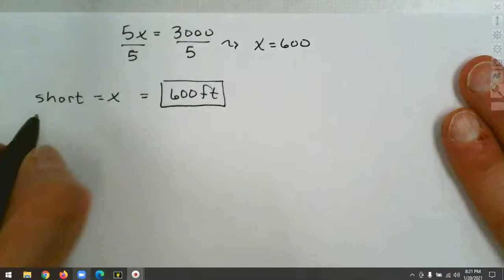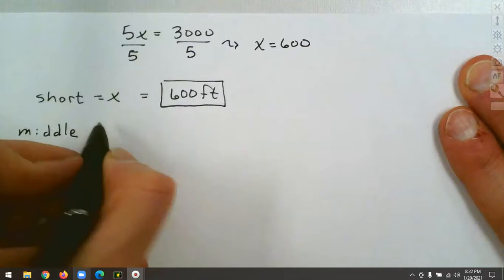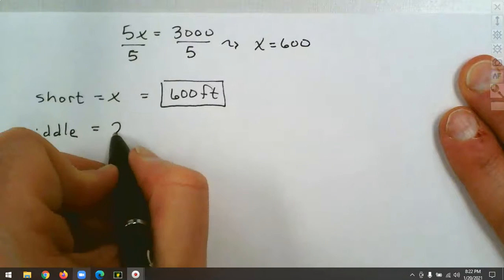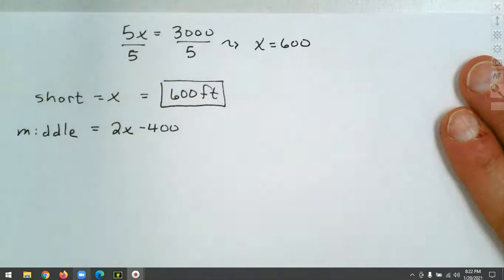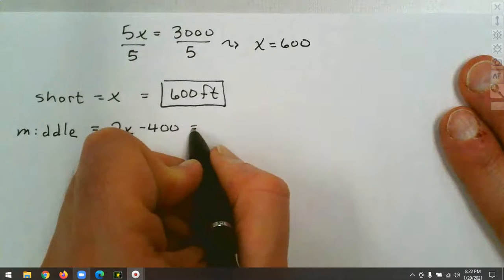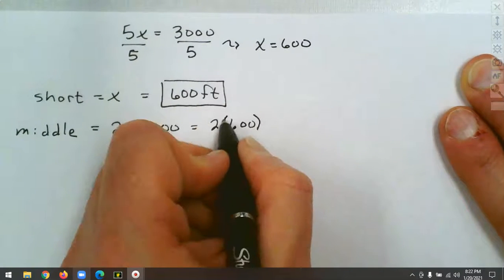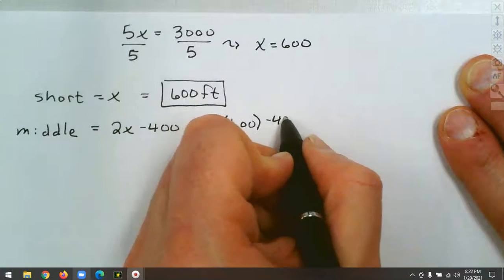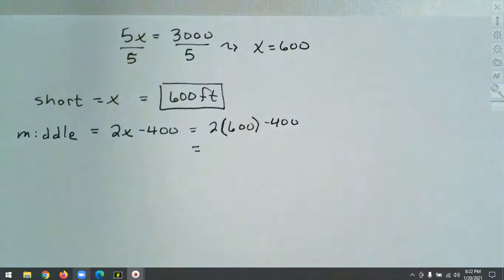Then we've got the middle side. And what did we determine the middle side was? 2x minus that 400. That's your middle. And that's then 2 times your 600 minus 400. And that gives you what? 800 of it. Because 2 times 600 is 1200 minus 400.